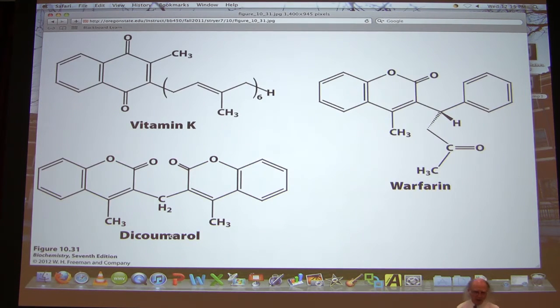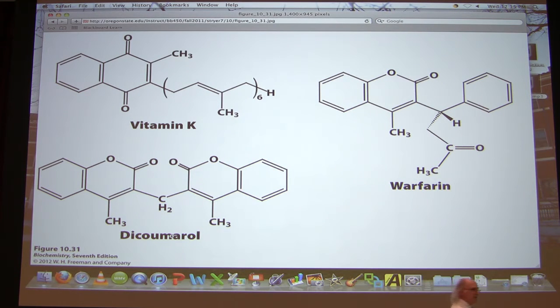When I talk about vitamin K, this is what vitamin K looks like. Vitamin K is needed by that enzyme that puts the carboxyl groups on the side chains of glutamate of prothrombin.